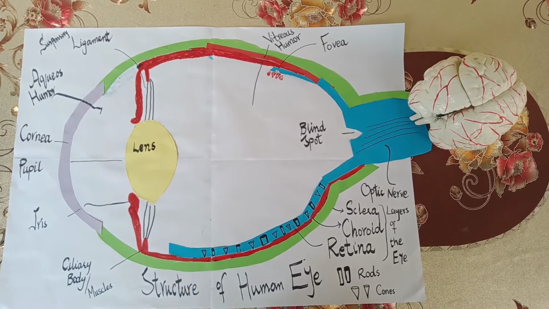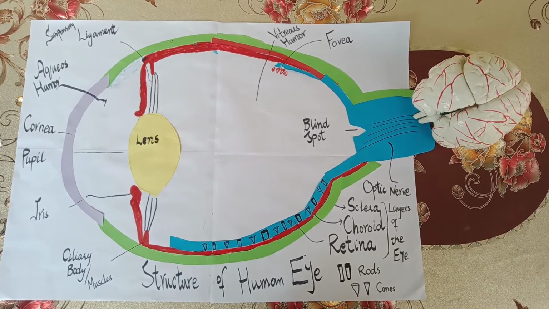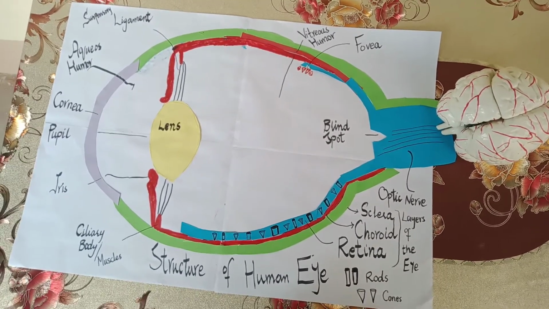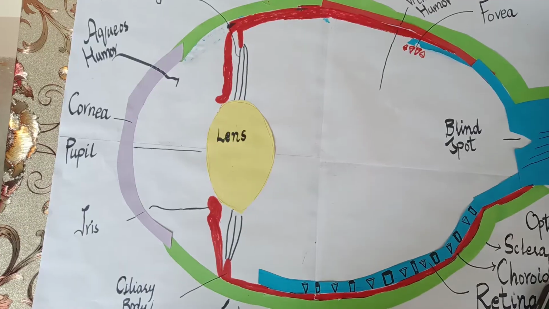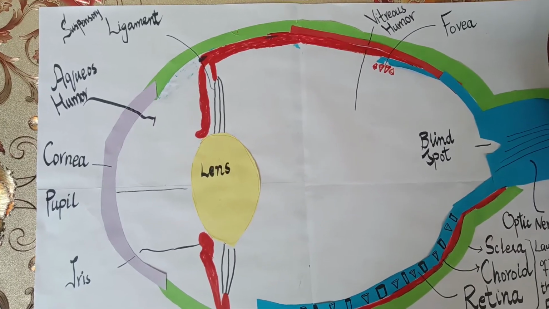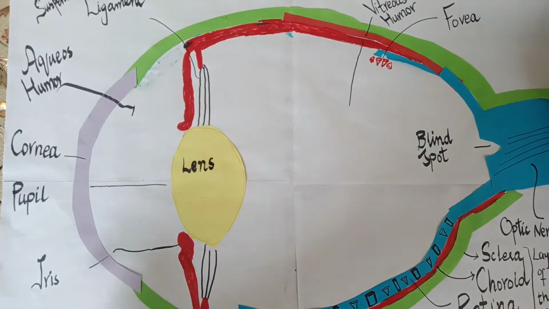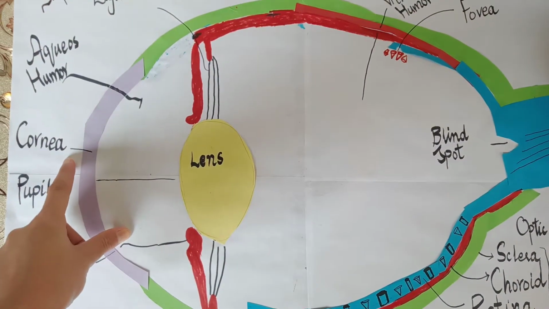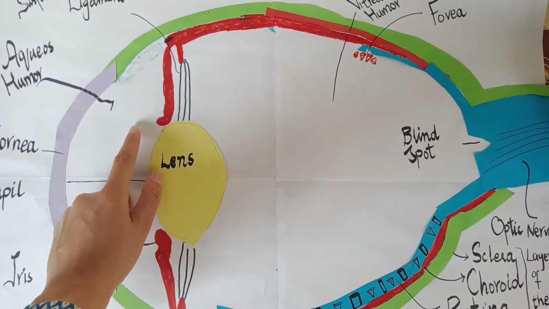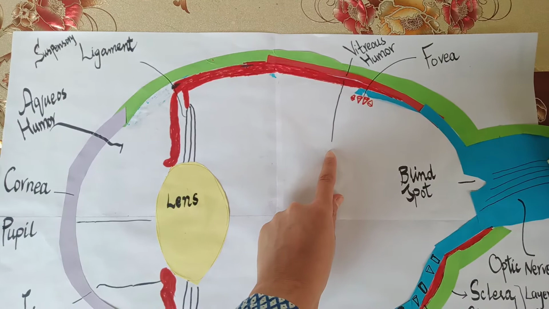In this lecture I will discuss how light enters from objects into the eye. The light from the objects is refracted whenever it enters through the cornea, aqueous humor, lens and vitreous humor.